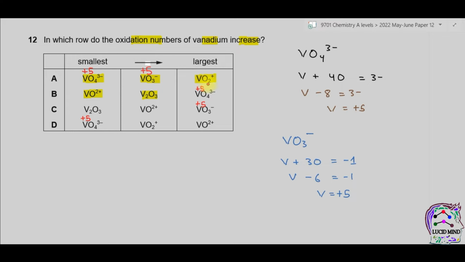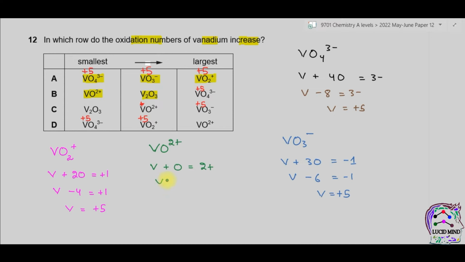Let's do it for VO2+ now. So 1 vanadium, 2 oxygens, and overall charge is +1. So V minus 4 equals +1, or V will be +5. Now let's find out in VO2+. So 1 vanadium, 1 oxygen, overall charge is 2+.